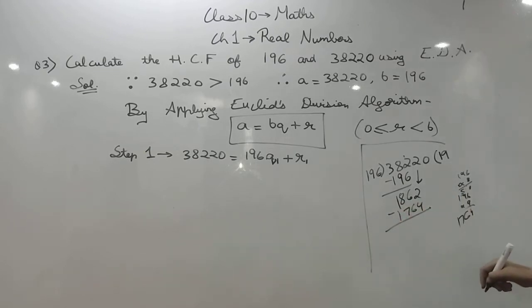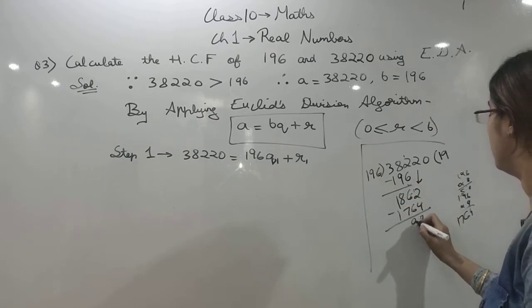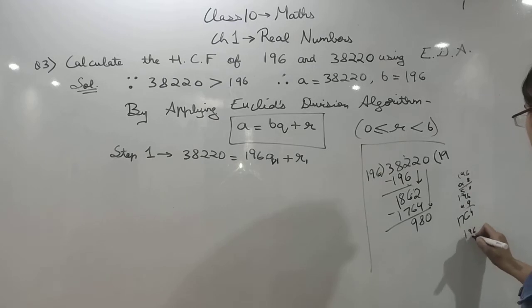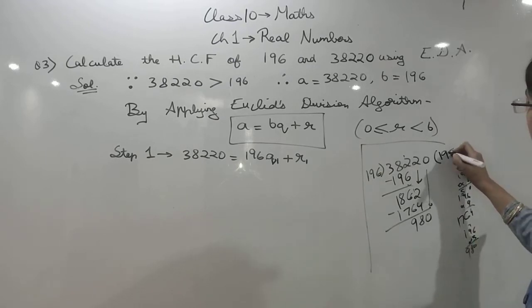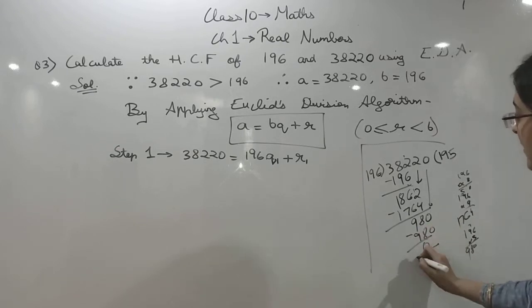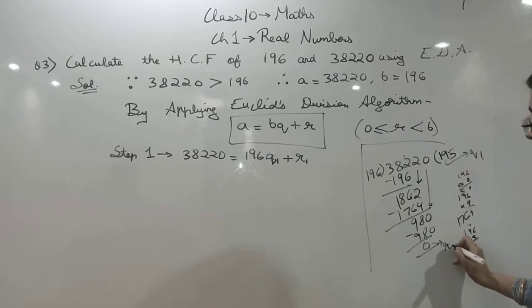What will come here? Now, it is going by 5. So our remainder came 0 here. This became our Q1 and this became our R1.